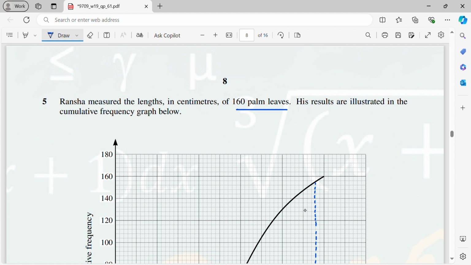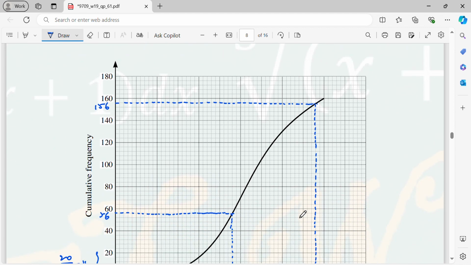Okay, when you refer to the graph, actually it is not exactly 156, right? So when you see clearly, this is 156, right? So you just draw the dotted line. Here is 156. Okay.